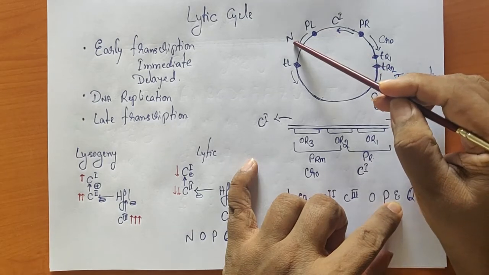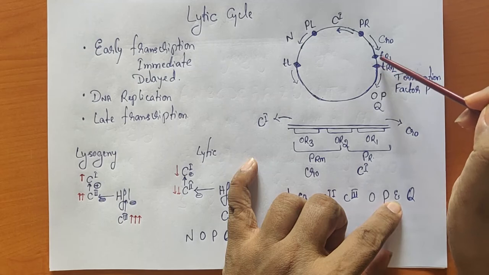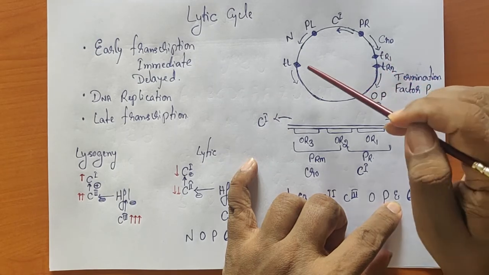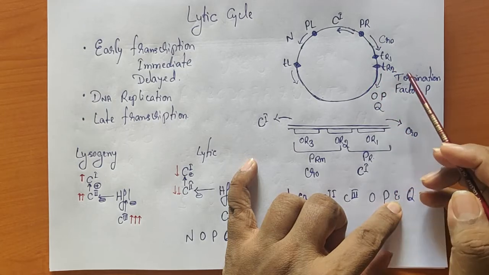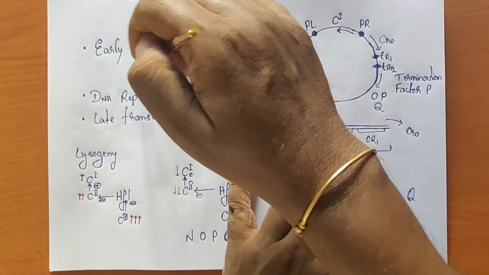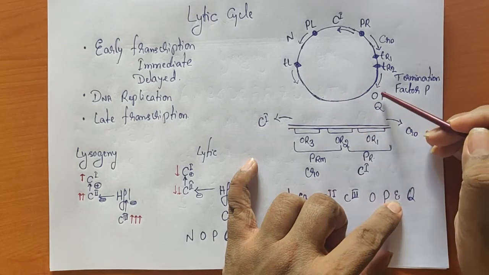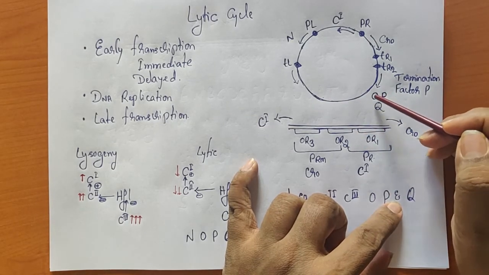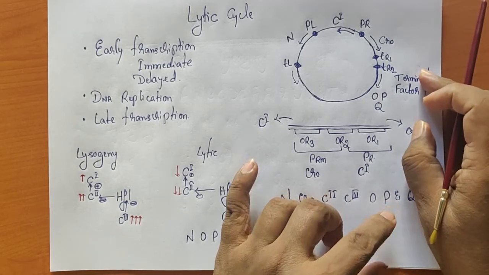What this N protein does is it will unblock the terminator factor P binding to TR1, TR2 and TL. So once it unblocks, then the delayed early transcription continues. Now that results in the synthesis of other proteins like O, P, Q.